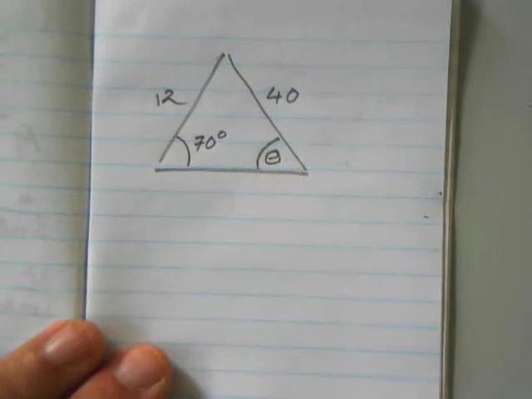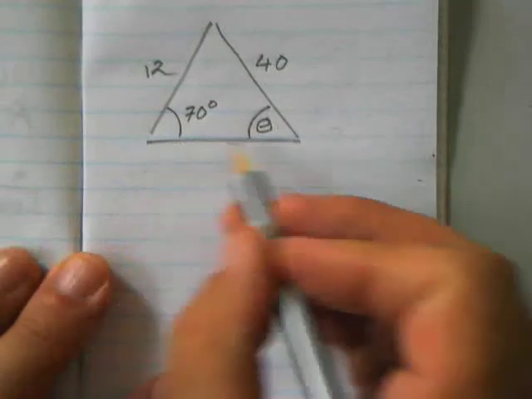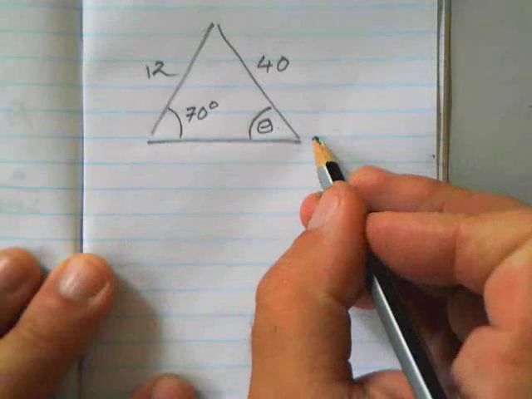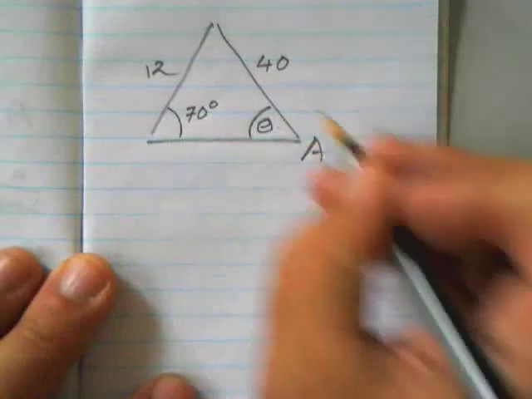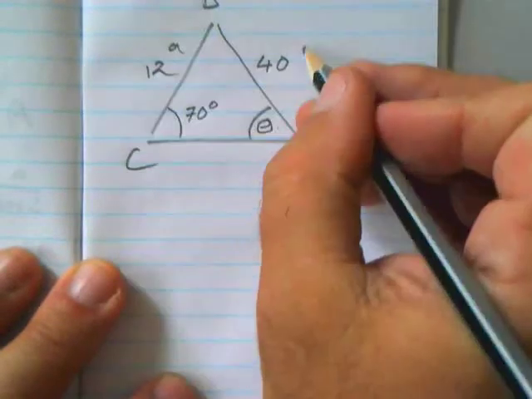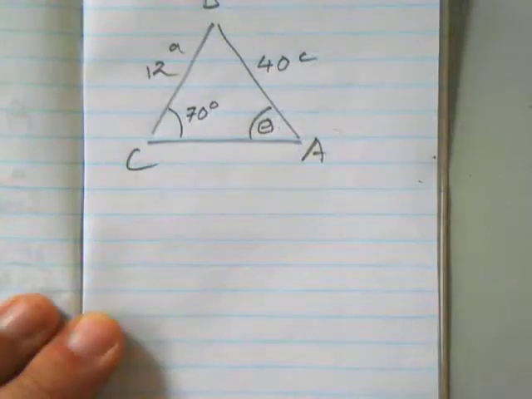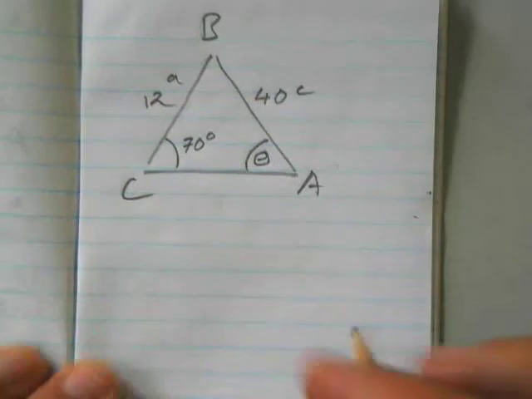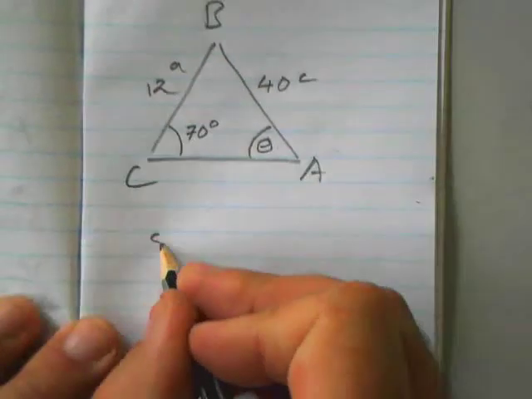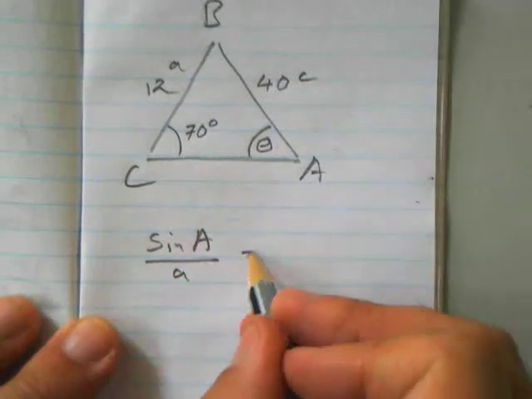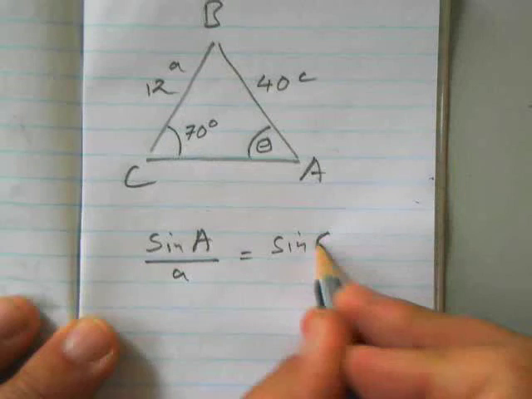Right. So now I want to find an angle. Because I want to find an angle, let's call that one A, let's call that B, let's call that C, which means that that's little a and that's little c. So this time, which two angles am I using? A and C. So I'm going to write down my sine rule like this: sine A over a equals sine C over c.